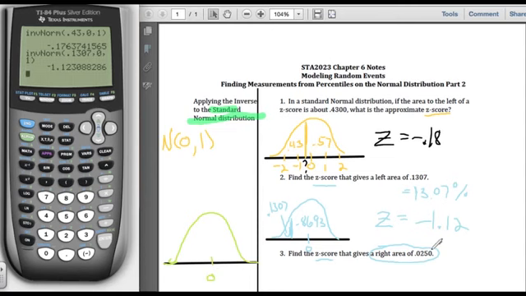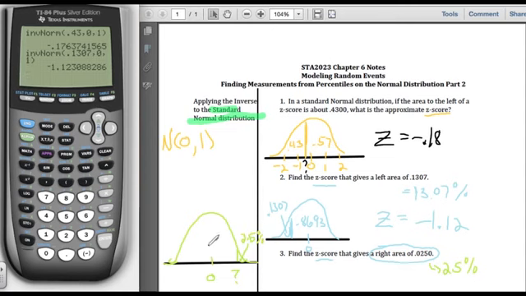Now this time the right area is 0.0250, which is the same as 2.5%. So the right area is very small for this z-score. It's 2.5%.